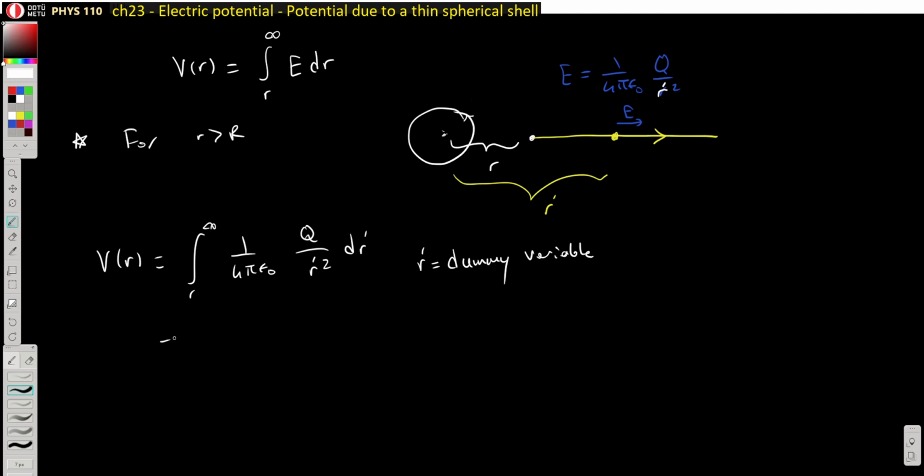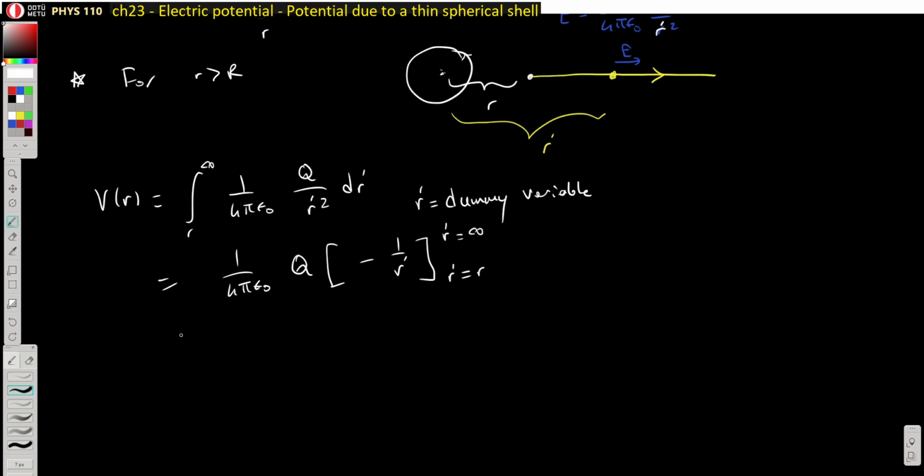In any case, we have an integral of 1 over r prime squared in here. Let me multiply q. So the integral is minus 1 over r prime. The integration boundaries are infinity and r.